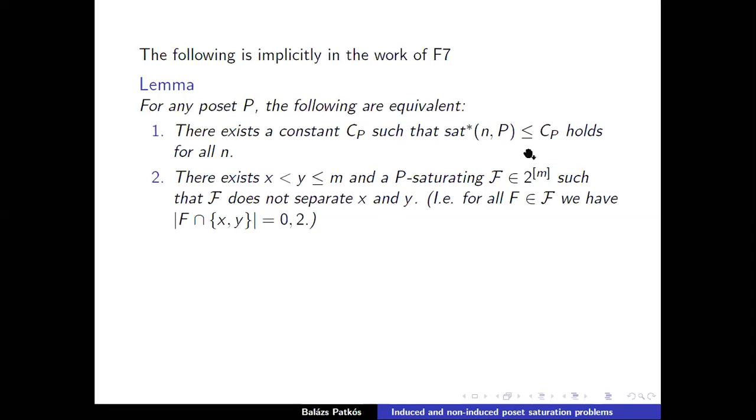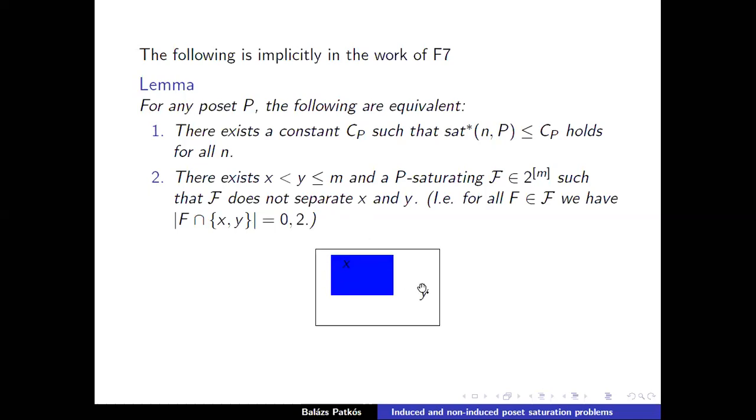First, that the induced saturation function is bounded by a constant independently of the size of the underlying set, and the fact that one is able to find a p-saturating family on a ground set of size m and two elements x and y in the ground set such that they are not separated by this saturating family. What does it mean to be separated?